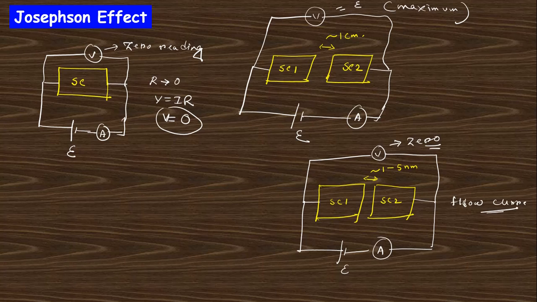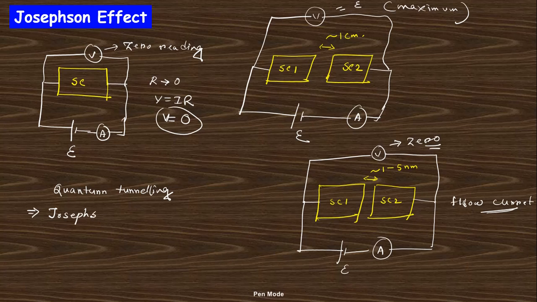The current flow is happening due to tunneling, single electron tunneling or the quantum tunneling effect. This is also called Josephson tunneling.